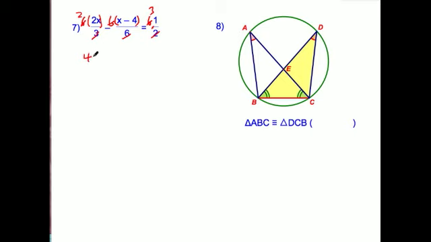And then we have the equation 4x minus bracket x minus 4 equals to 3. And opening it up, we have 3x plus 4, don't forget to change the sign, equals to 3, giving us x equals to negative 1/3.